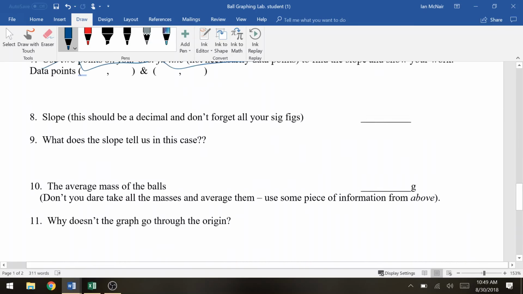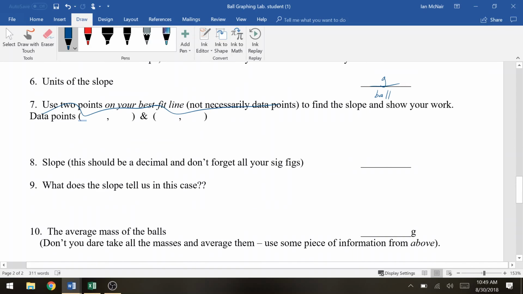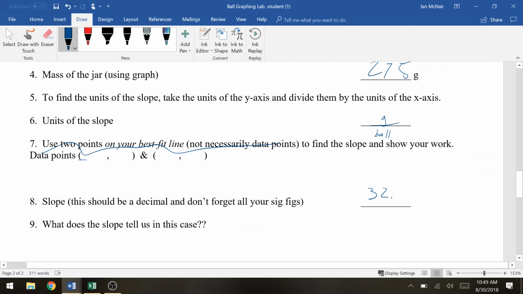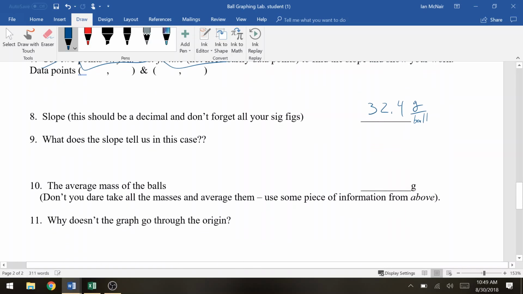It should be 32.4 grams per ball, not just a number. I don't have good hearing, so 32.4 grams per ball.